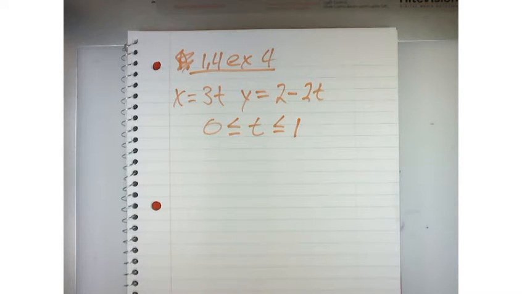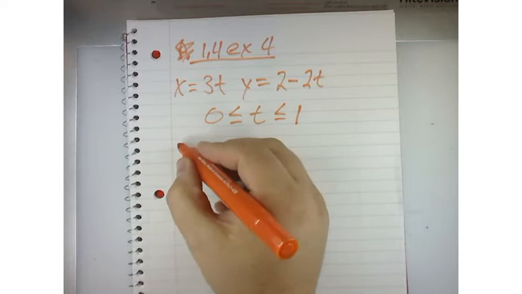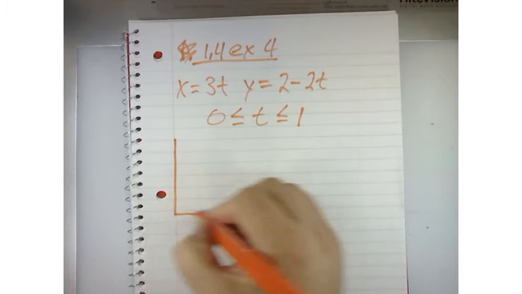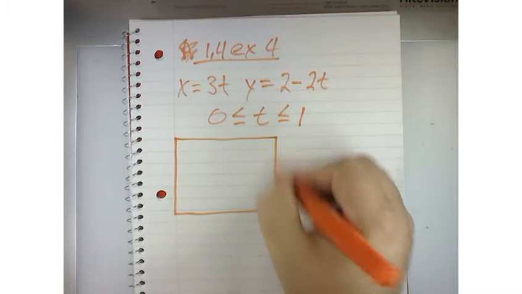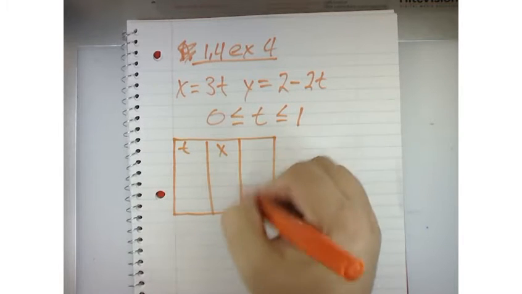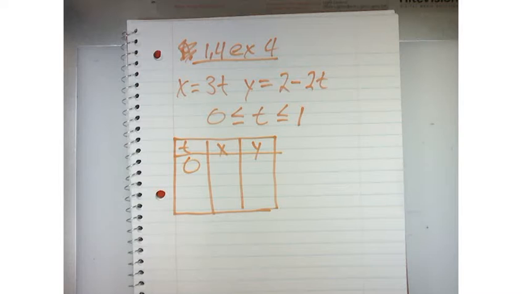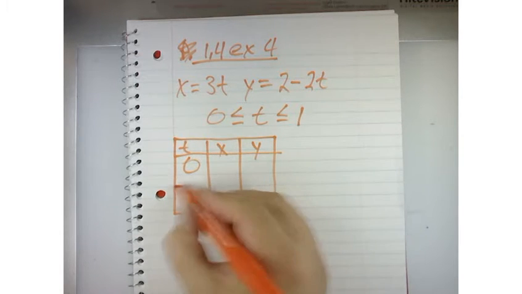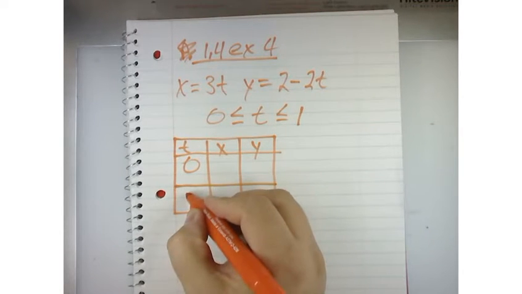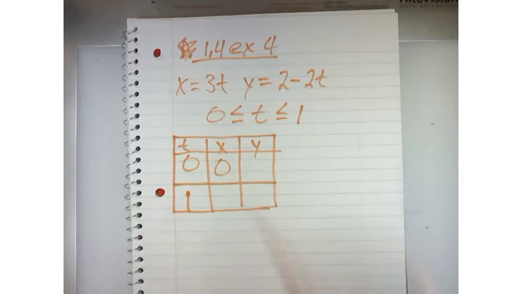Well, I like to write things out by hand, so let's do that too. If I come in here and make a table of values, I have t, x, and y. If I let t equal 0, then my x value would be 3 times 0, which is 0.